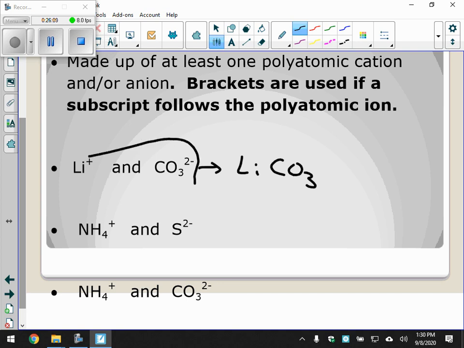I don't write the 1. 2 comes over and down right here, and I would put that in there, of course. This is known as lithium because we're dealing with the lithium ion, so this is lithium. And CO3 with the 2 minus charge, we just looked that up on the polyatomic list, and that's carbonate. So this would be carbonate.